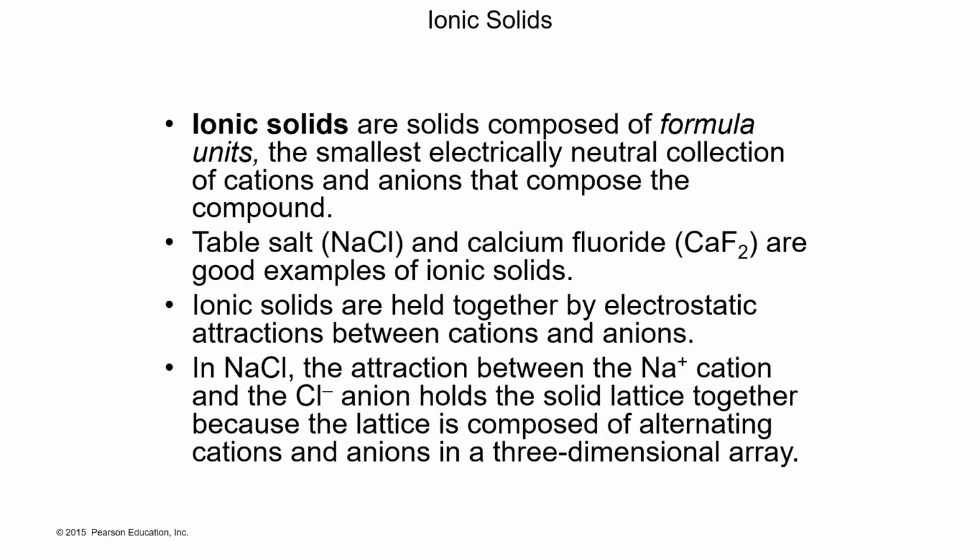Ionic solids are composed of formula units, the smallest electrically neutral collection of cations and anions that compose the compound. Table salt and calcium fluoride are good examples of ionic solids. Ionic solids are held together by electrostatic attractions between the negatively charged particles and the positively charged particles. So positively charged cations, negatively charged anions. In NaCl, sodium chloride, the attraction between the sodium cation and chloride anion holds the solid lattice together because the lattice is composed of alternating cations and anions in a three-dimensional array.